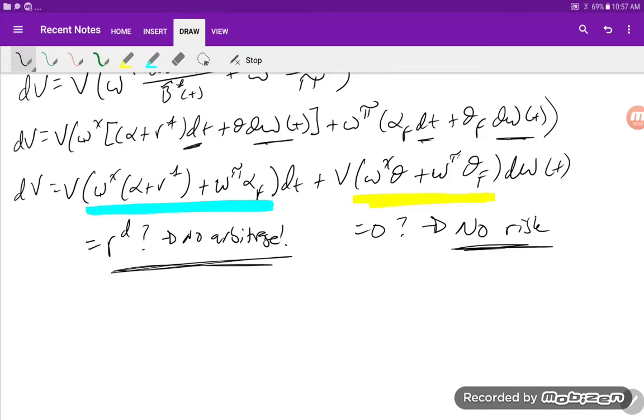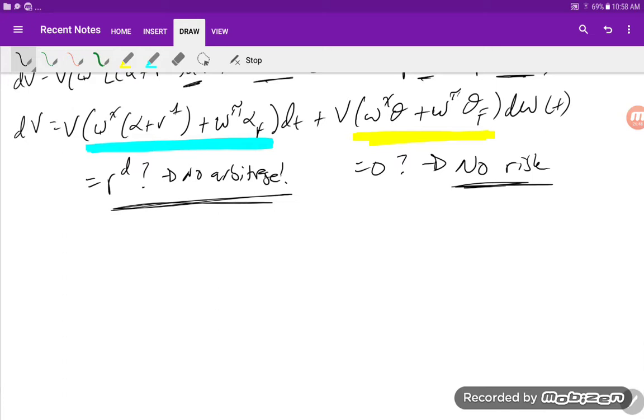So the whole point of this is to form a riskless portfolio that therefore, by no arbitrage, earns the risk-free domestic rate. So the whole point of doing this was that we can now cast this as a system of equations.